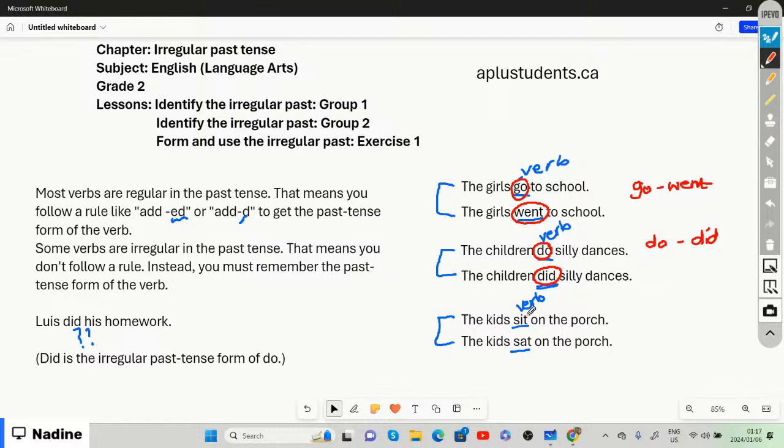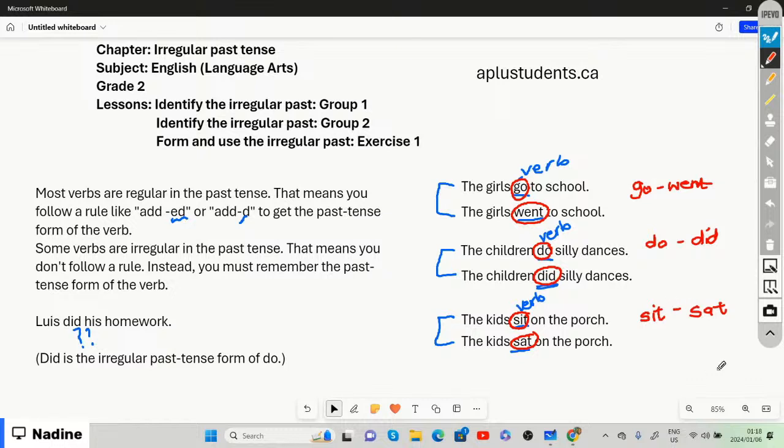The same with sit, right? Sit is our present tense. The kids sit on the porch. But in the past, the kids sat on the porch. So our wording changed from sit to sat. The past tense of sit is sat, which means that it's like one letter changed.